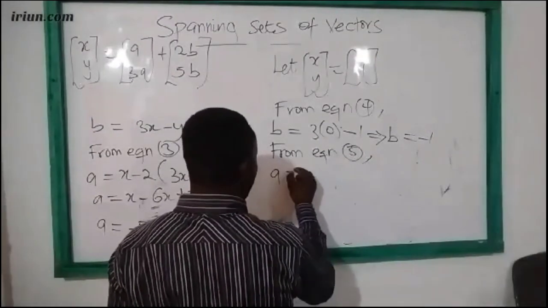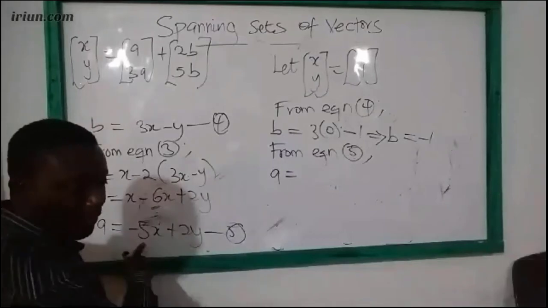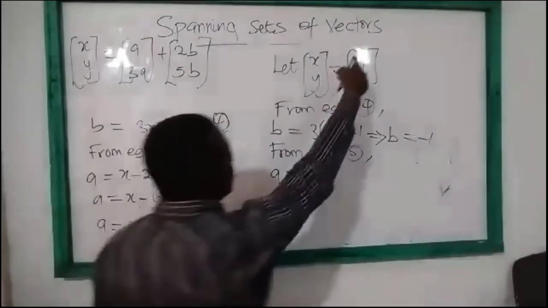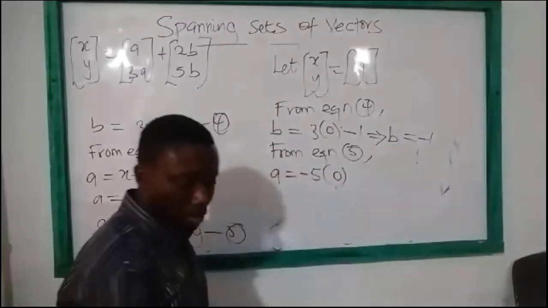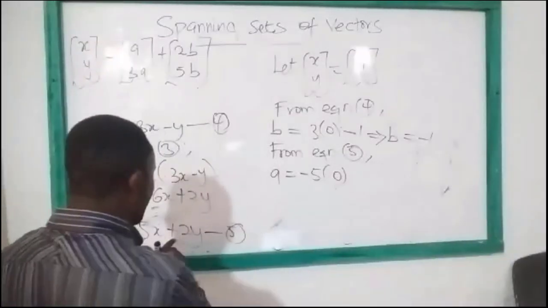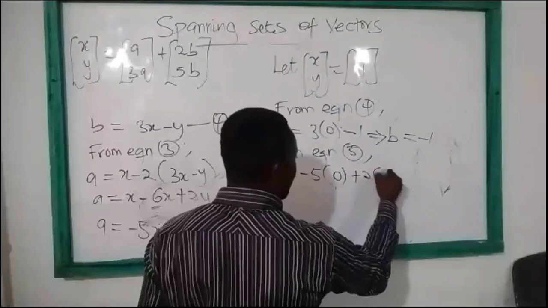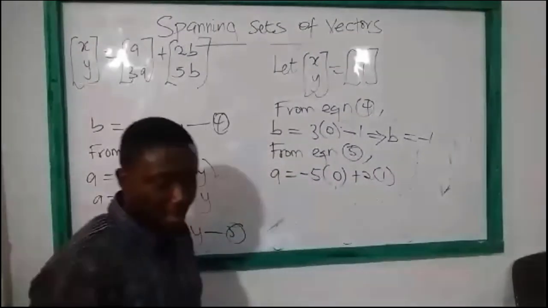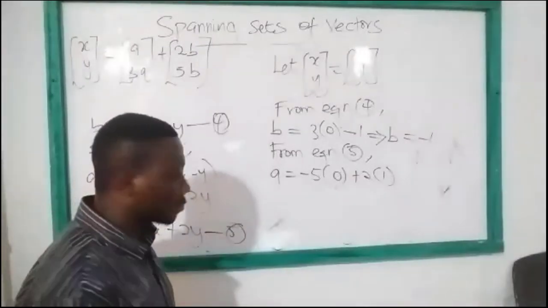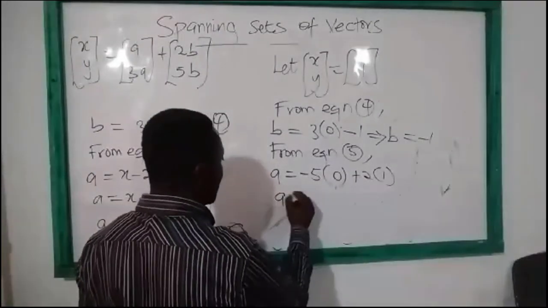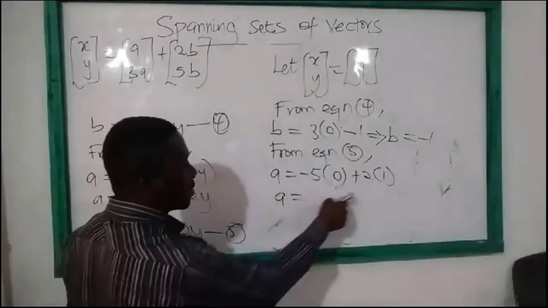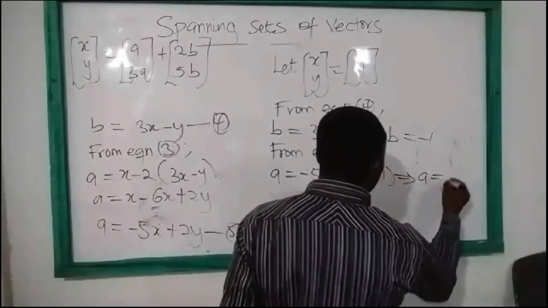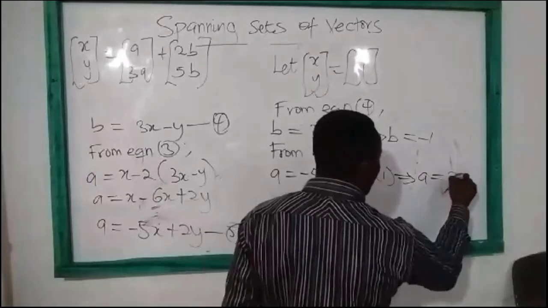So we are also getting A because we have negative 5. And then of X, our X is 0. You put it there. Then plus 2Y. And then our Y is 1. So from here, we are going to get, let me write it here, implies that A is also equal to 2.